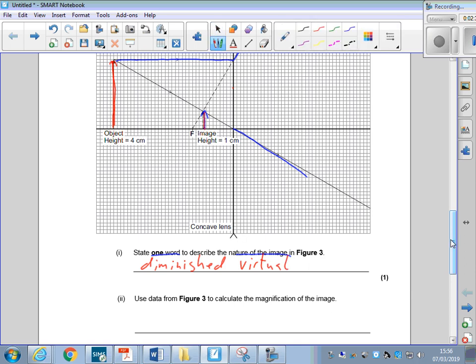And if we look at this, our object and our image are both pointing upwards. So they're both pointing the same way. So it is also upright. So we can choose any one of those. Diminished means it's smaller. Virtual because it's on the same side of the lens as the object, and upright because it's not being turned upside down.